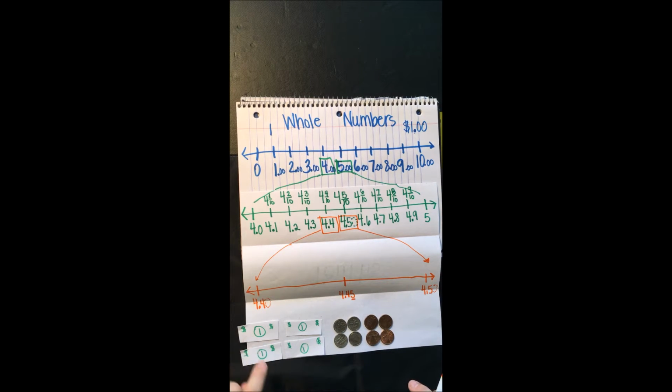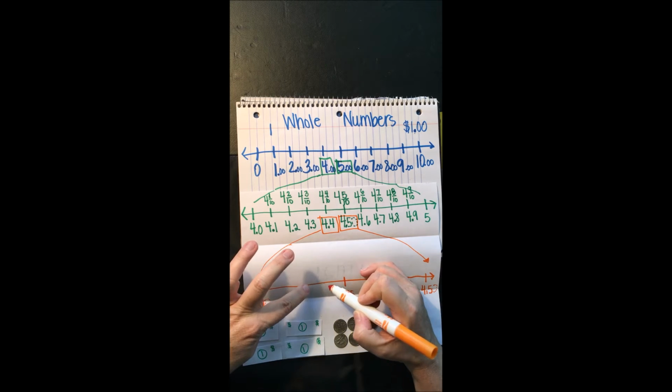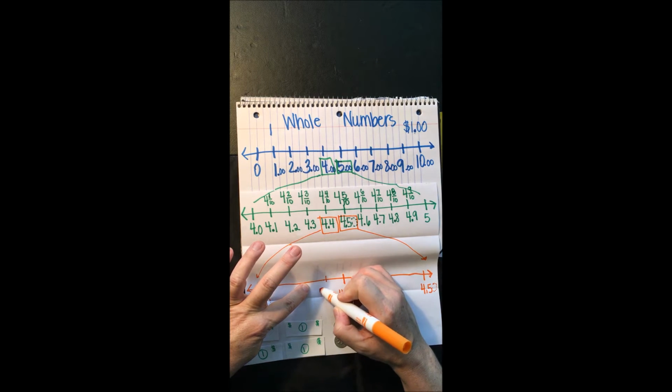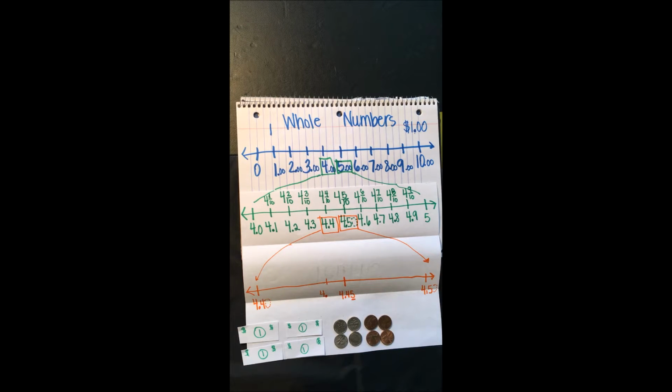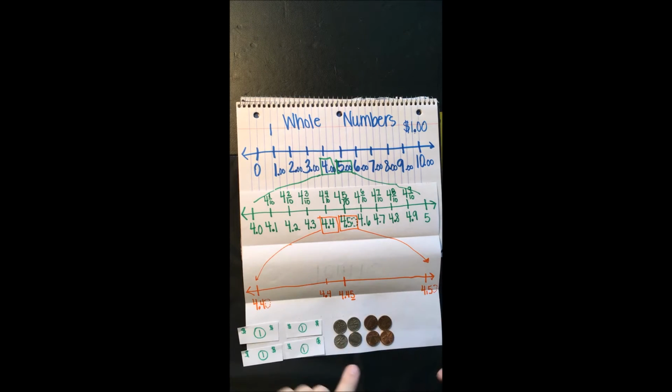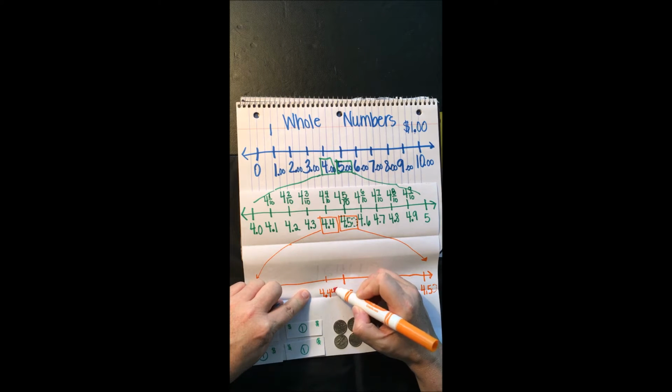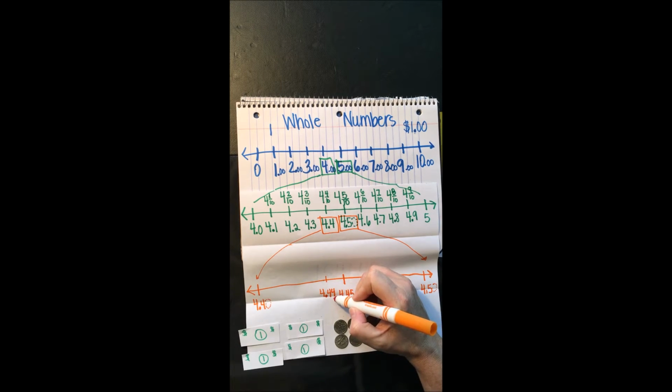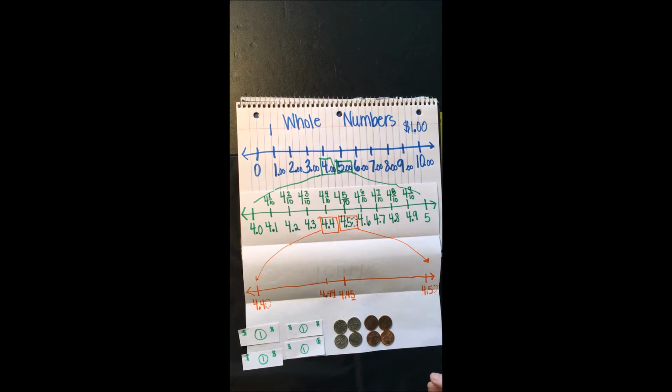So I have 1, 2, 3, 4 wholes. So let's go ahead and write that down. 4 wholes, and that's my decimal point. 1, 2, 3, 4 dimes or 4/10, and 1, 2, 3, 4 pennies, which is 4 hundredths because it ends in the hundredths place.